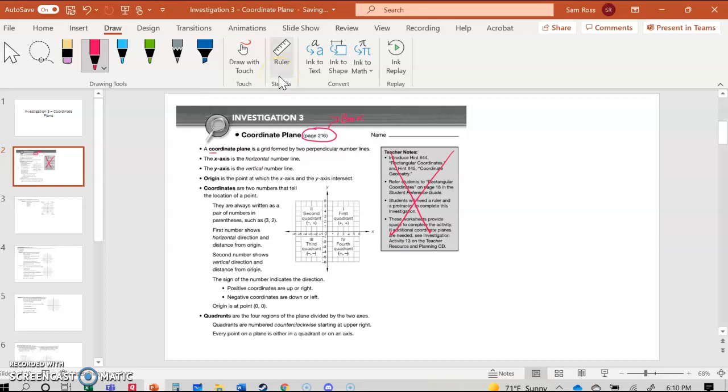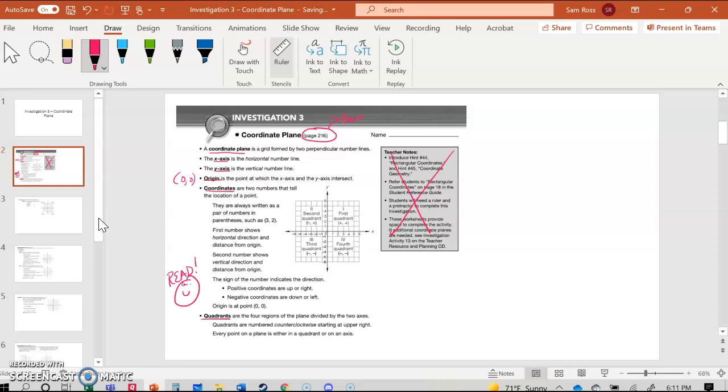For instance, coordinate plane, the x-axis, the y-axis, the origin, which is 0, 0, and coordinates. It explains all of the quadrants. This is something that you might want to put in your spiral for later. So this is all just information that you need to read, not skip.